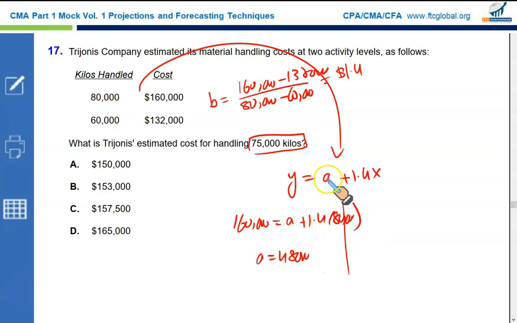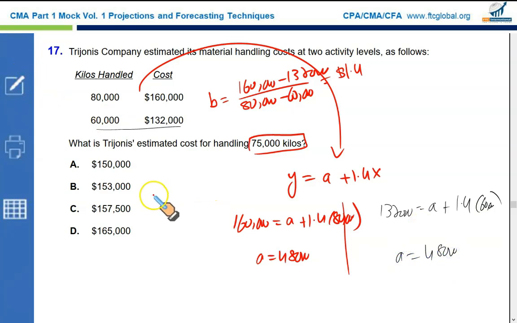That's the constant coefficient. If you say, I want to go with the other pair, take y as $132,000 to determine A plus 1.4 multiplied by the kilos handled. If you simplify, you will again get A as 48,000. Now we are sure that our regression equation is y is equal to $48,000 plus $1.4 per kg handled.